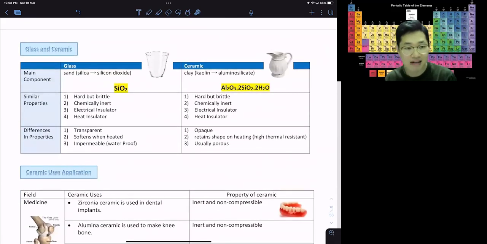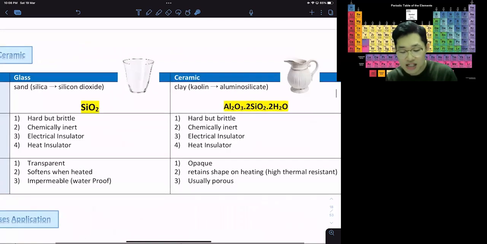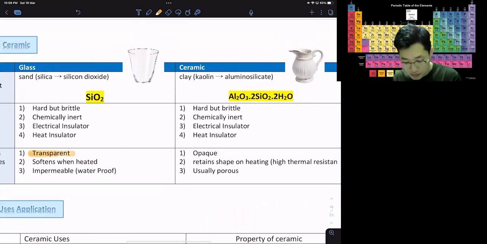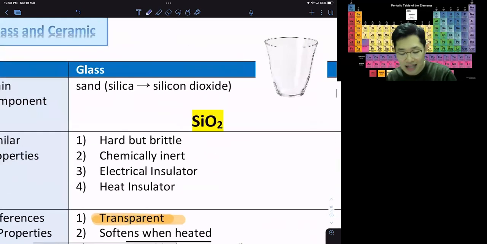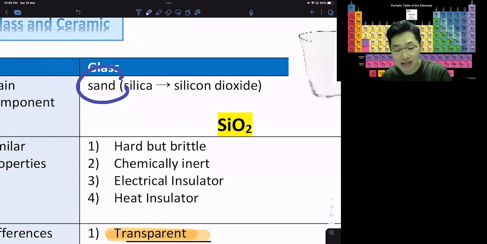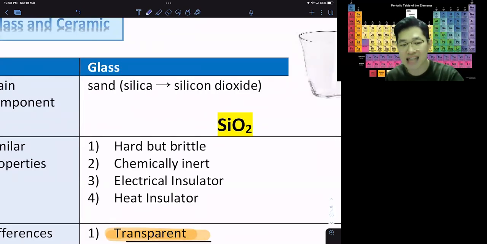For glass and ceramic, the differences. So first, differences. Glass is transparent. Ceramic is opaque. This is the first difference from the appearance. And then the second thing is glass is made up of sand, but then you don't write sand.